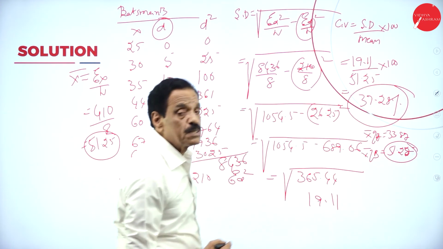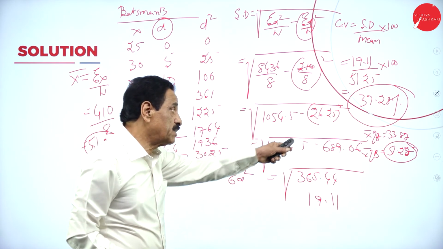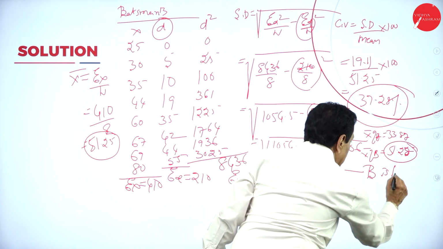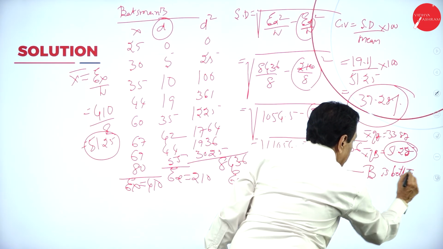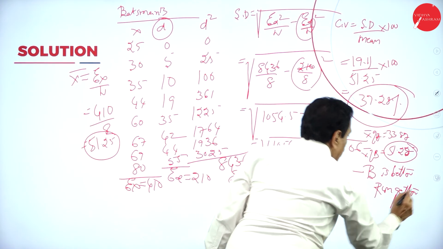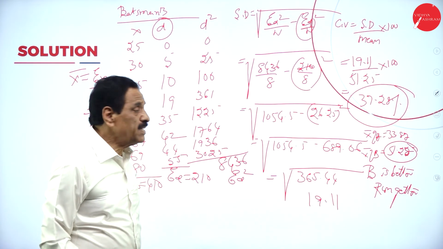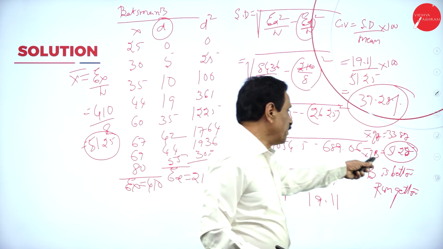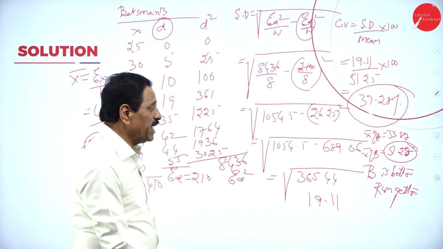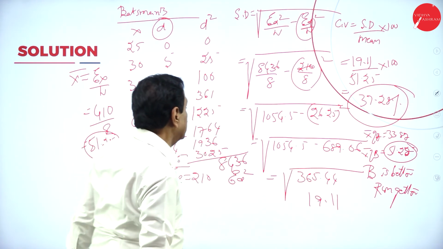Whose average is more? B's average is more than A. B is 51.25, A is 33.87. B is a better run getter.